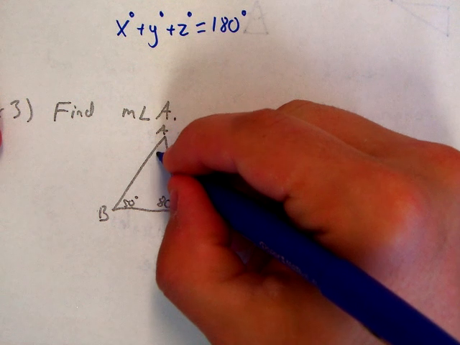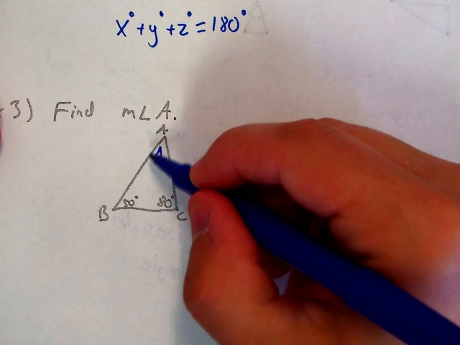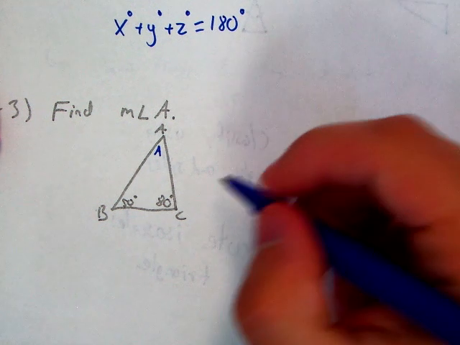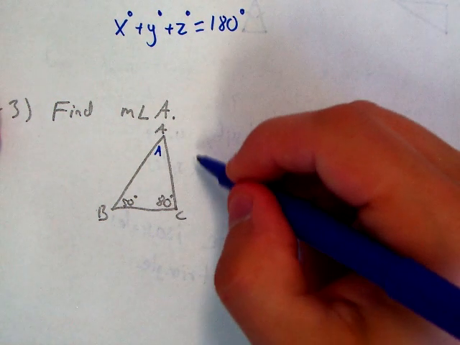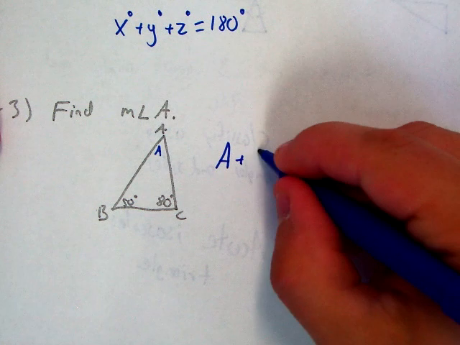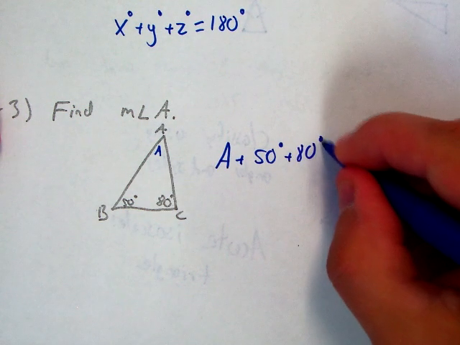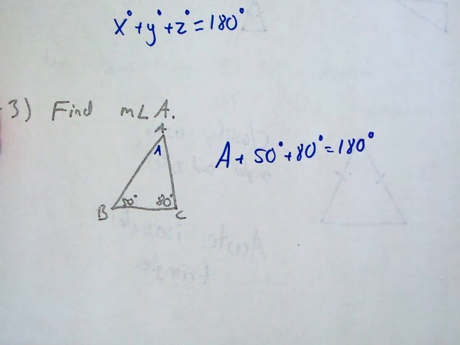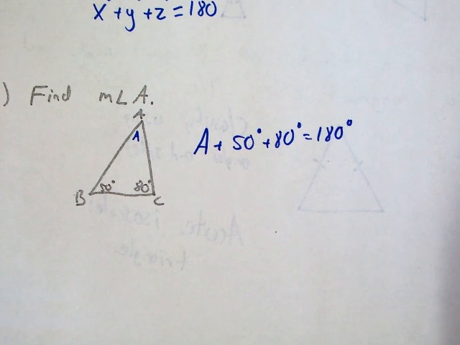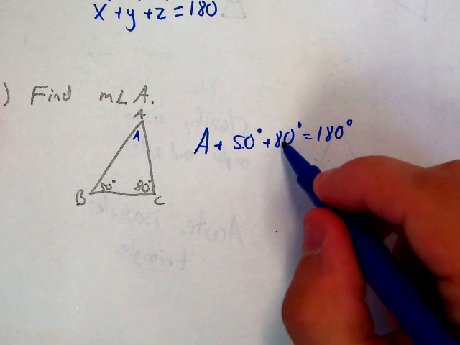So I'm going to put A here. Even though A is already right here, I'm going to put it here as well to show that this is angle A. So, add up all three angles of a triangle. So I'd have A plus B is 50 degrees, plus C is 80 degrees, and that equals 180 degrees. I want to combine like terms here. So I want to combine this 50 and 80 degrees.